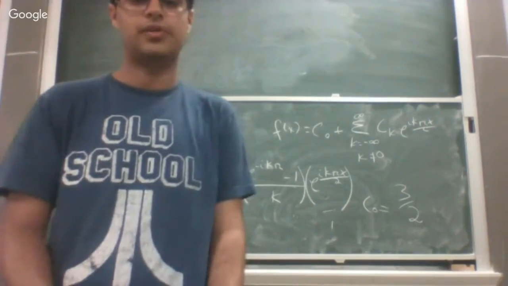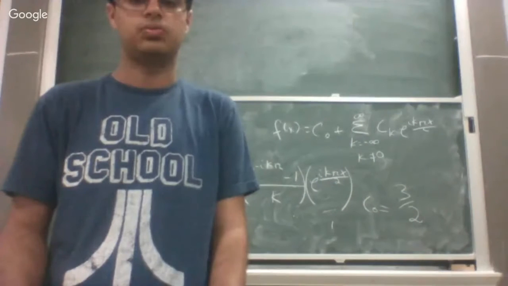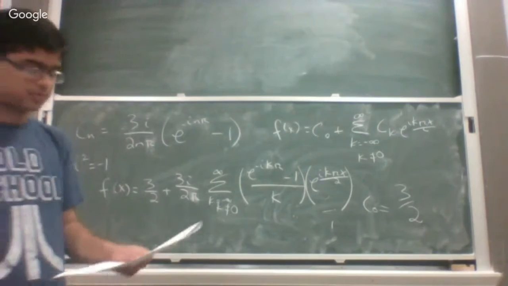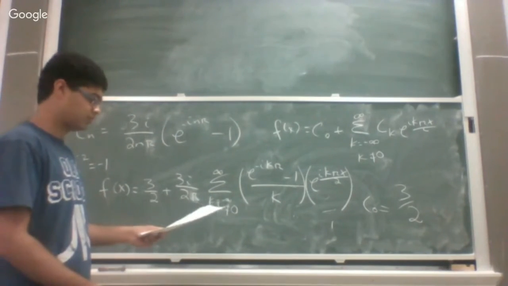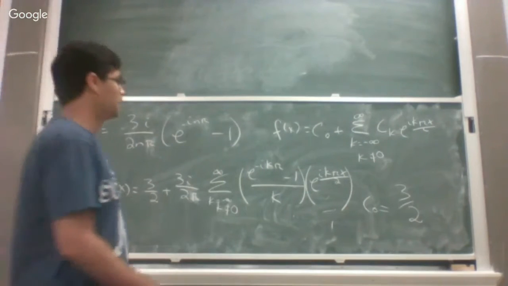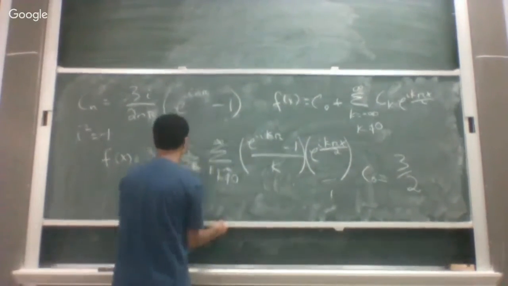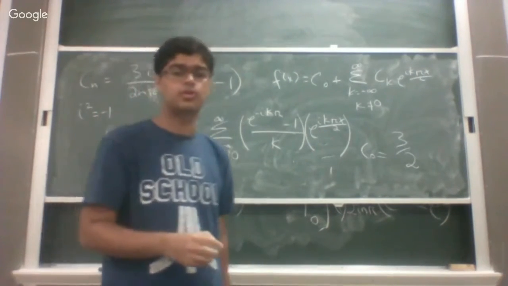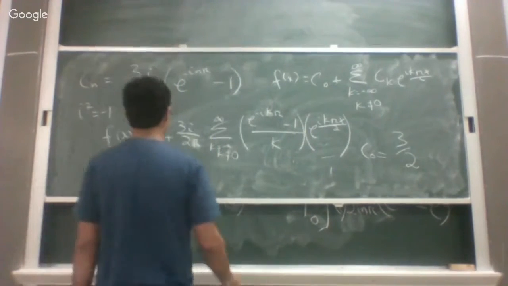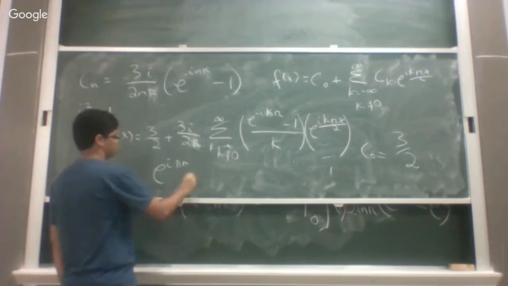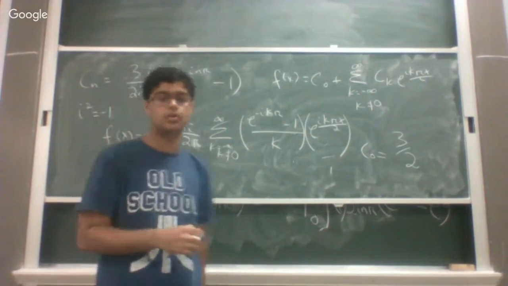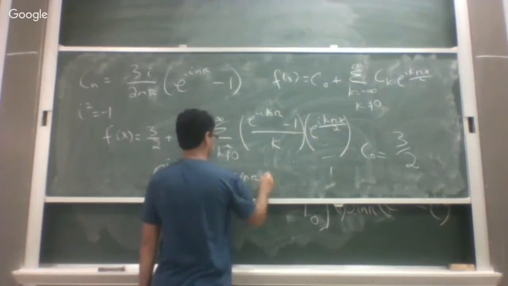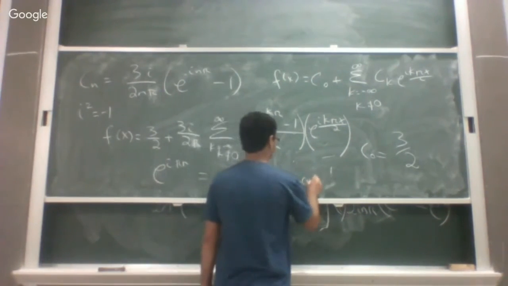So then there's lots more to simplifying it. They don't give this to you, but you should know that e to the i n pi, or in general, e to the i n pi is equal to the cosine of n pi minus i sine of n pi.